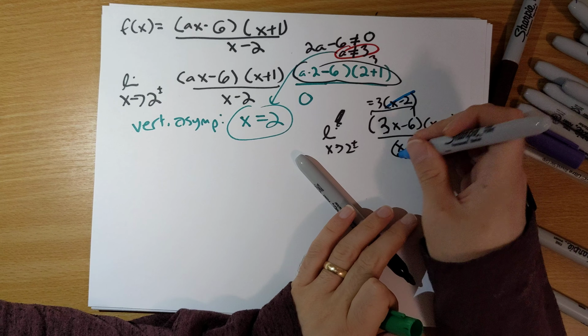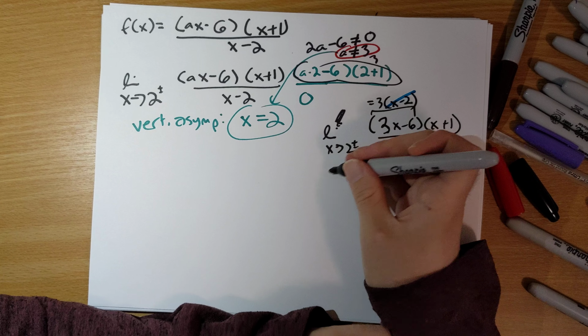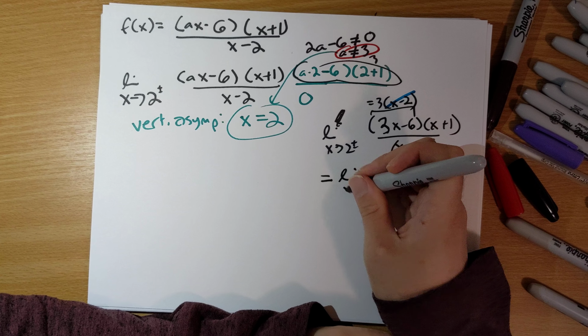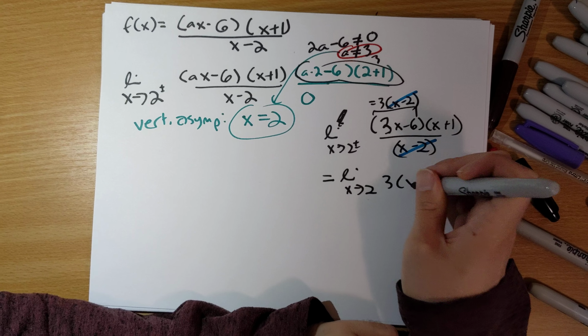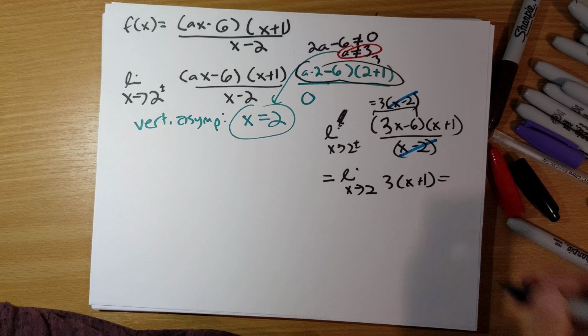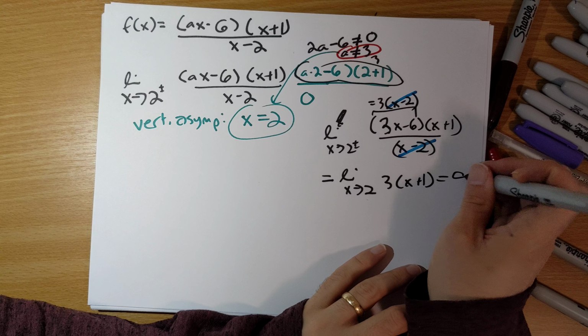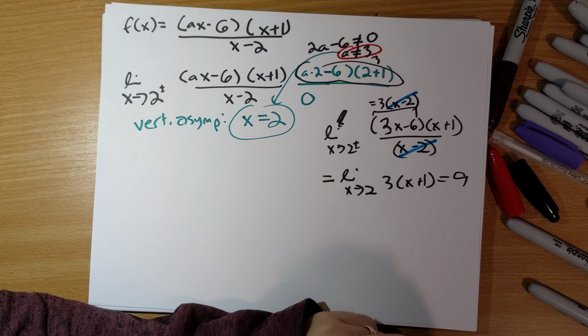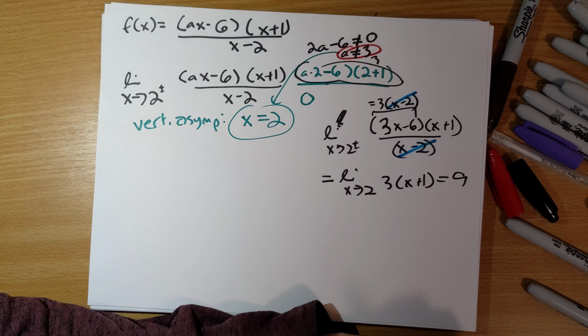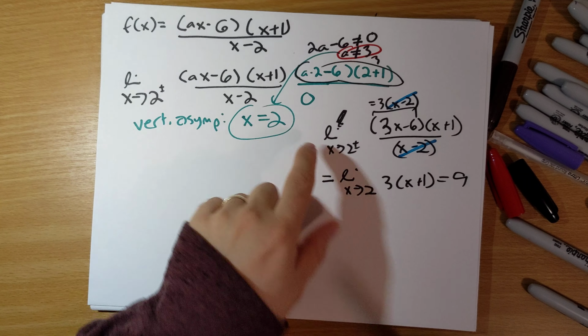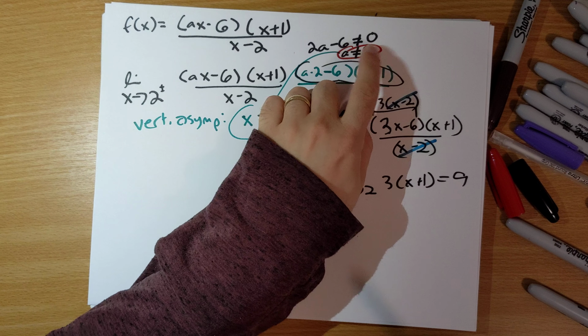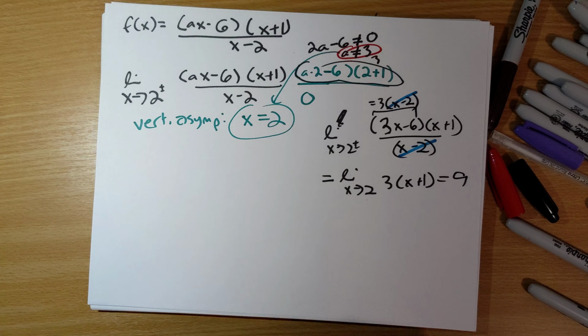And so those factors of x minus 2 would cancel out. This would be like the limit as x goes to 2 of 3 times (x plus 1). And that's just going to be what? 9 here. That is defined. We aren't getting infinity here. So a is not equal to 3. As long as a is not equal to 3, you get x equal to 2 as a vertical asymptote.